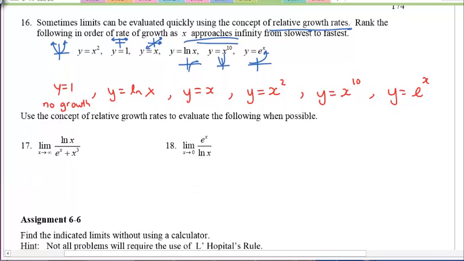Now, why is this helpful? Because now I can use this concept of relative growth rates to actually evaluate the following limits. So, notice I have here the limit as x approaches infinity. That's cool. Natural log of x in the numerator, and then e to the x plus x cubed in the denominator. They're both going to infinity, right? But look, the top goes to infinity slowly, whereas the bottom is really fast.